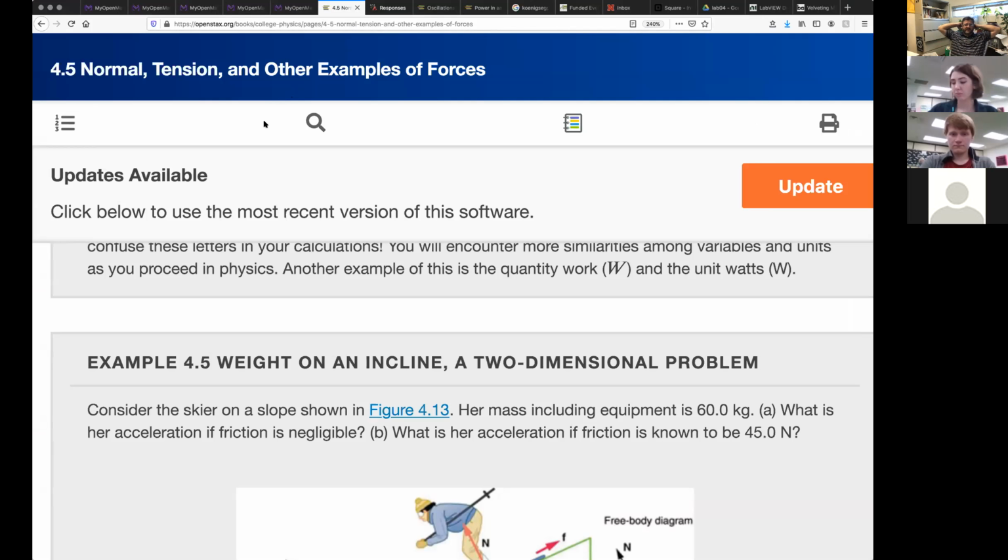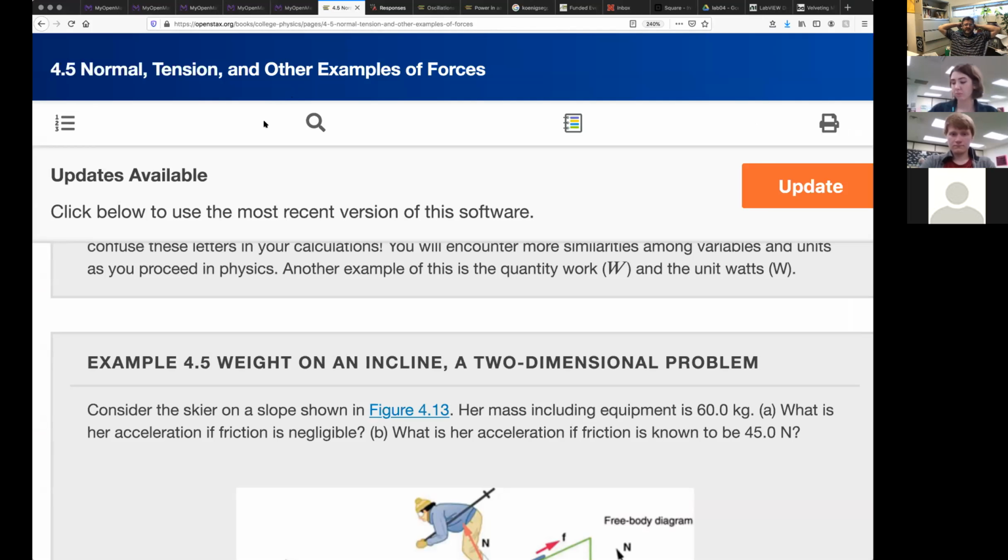Okay, so what we need to do then is move on a bit. In this section, we look at the kind of steps that we've been using so far to solve these kinds of problems, and it's really quite simple.